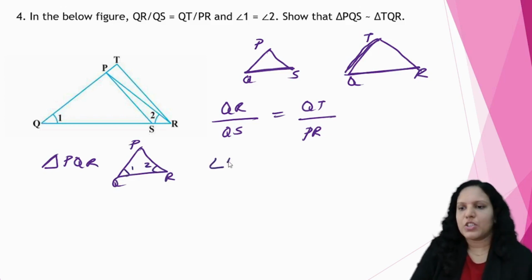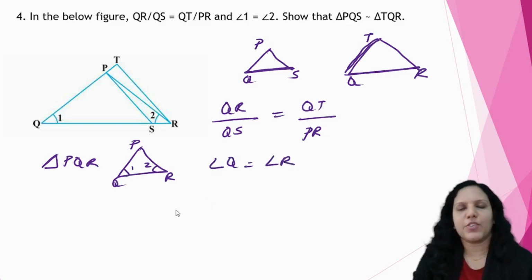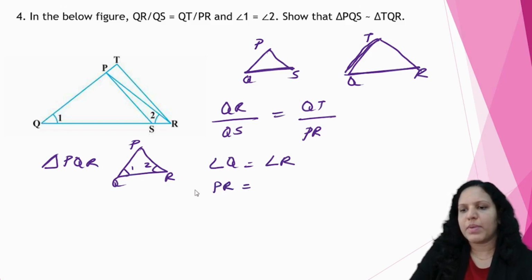So angle Q is equal to angle R. The sides opposite to the equal angles are always equal. So the side opposite to angle Q is PR, and it will be equal to the side opposite to angle R, which is PQ. PR will be equal to PQ. So that's the first equation.